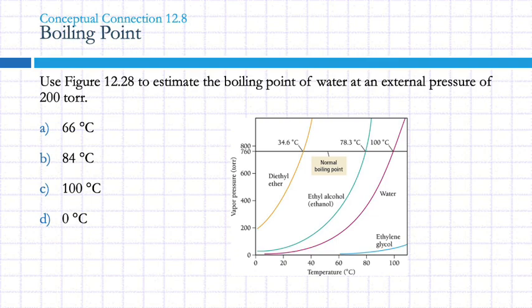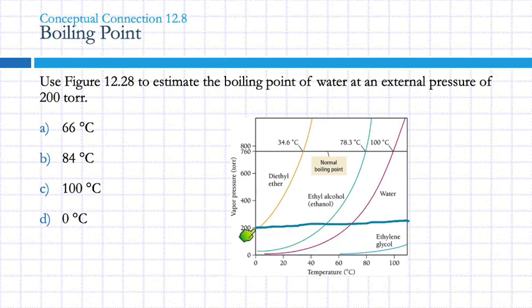This question says, use figure 12.28 to estimate the boiling point of water at an external pressure of 200 torr. So what we want to do here is find 200 torr and find out where that intersects the curve for water.